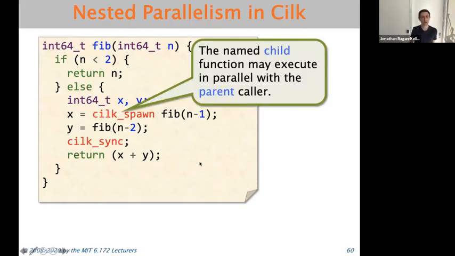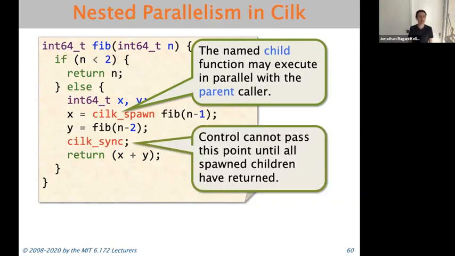Silk spawn is an annotation we put before a function call, and it says that that child function can execute in parallel with the parent caller. So instead of handing control directly to the function and waiting for it to return like a normal C function call, we can execute it in parallel.